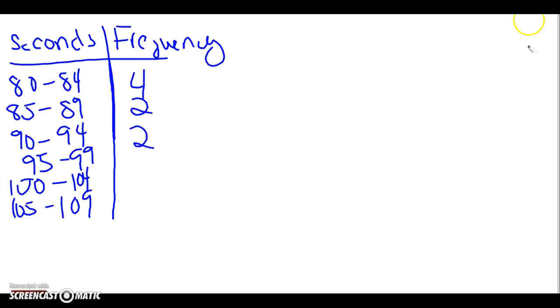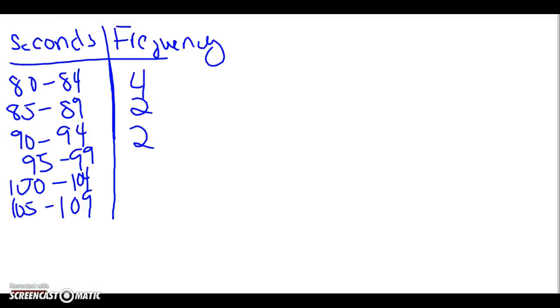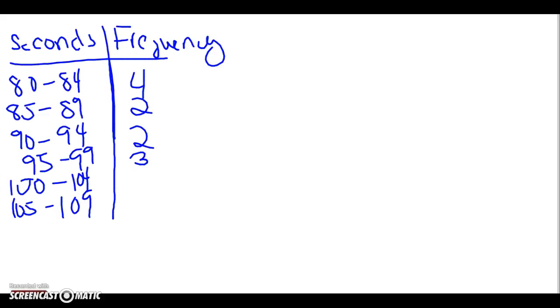From 95 to 99, I have 1, 2, 3. I think that's it. That's what I got when I did it the first time. 100 to 104, 1. And 105 to 109, there's just 1 again.